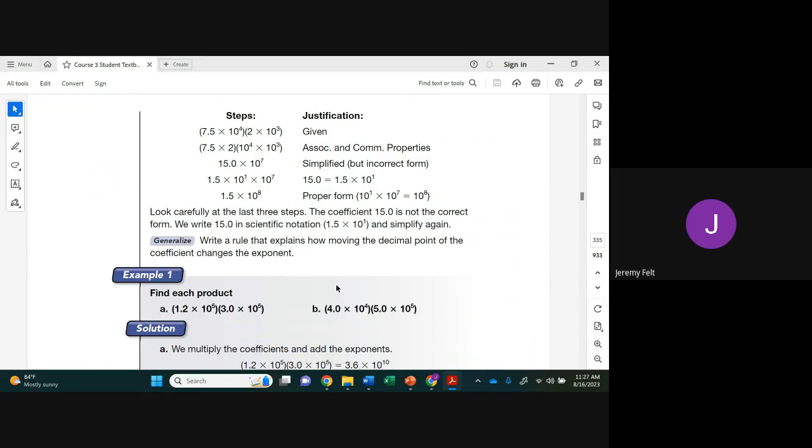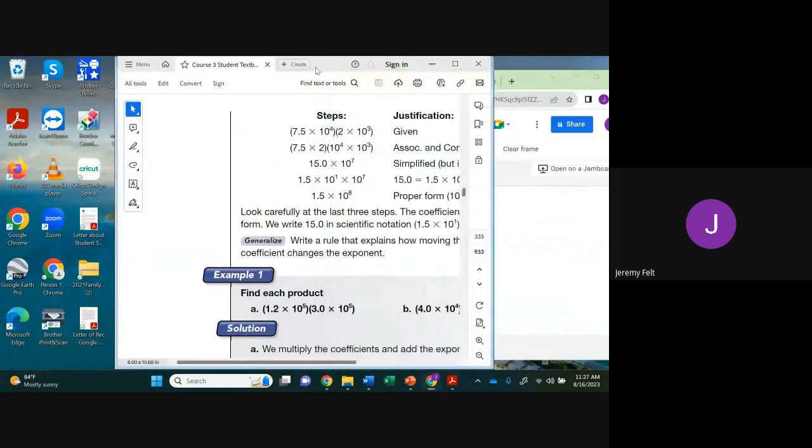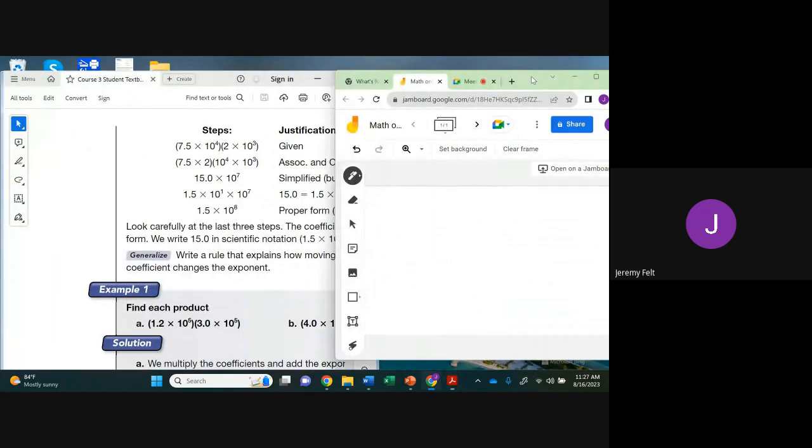So let's look here. If I have 1.2 times 10 to the power of 5, 3 times 10 to the power of 5.